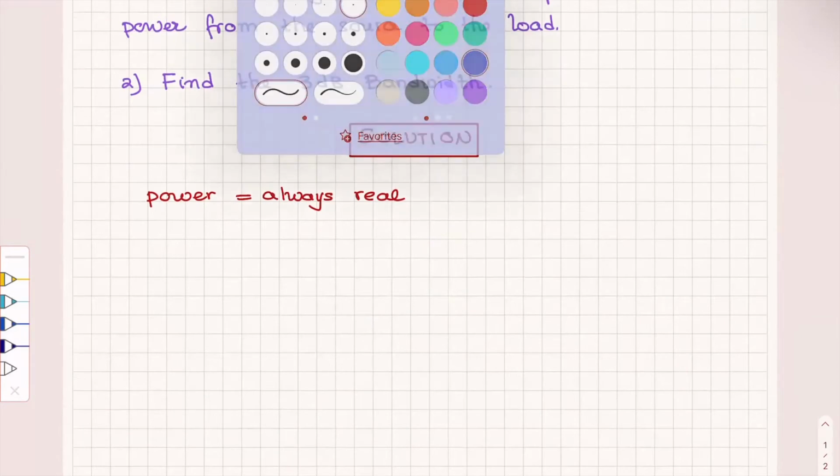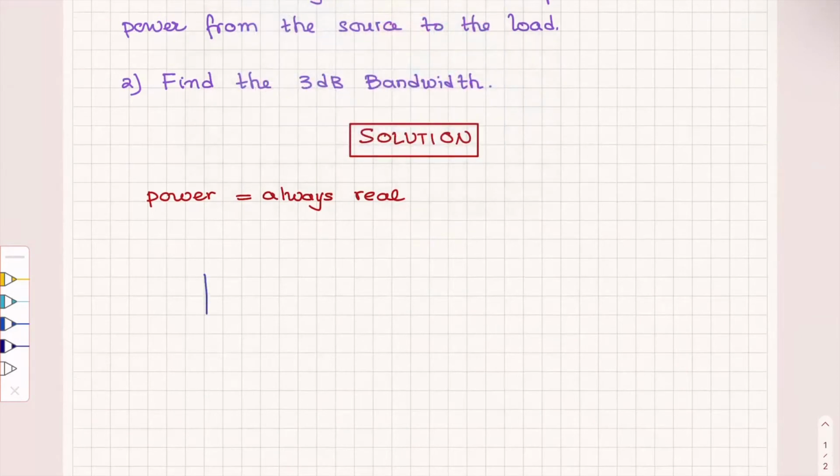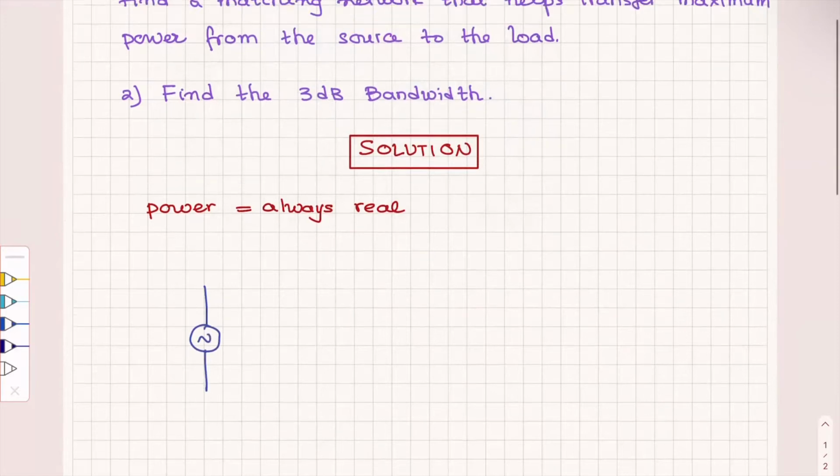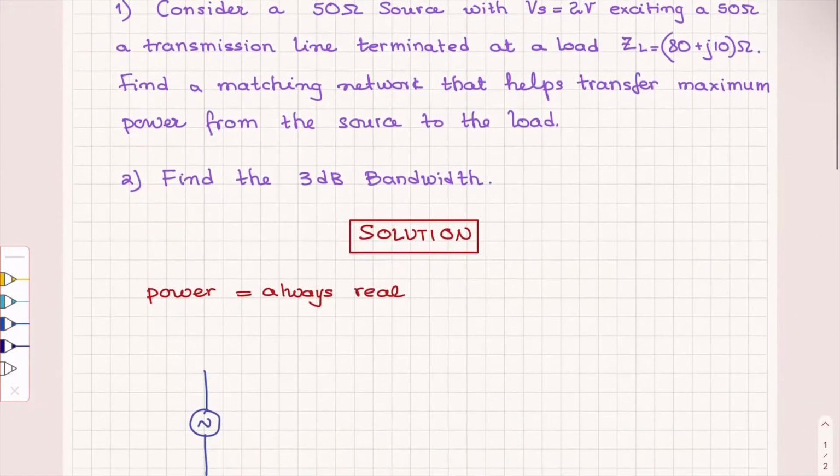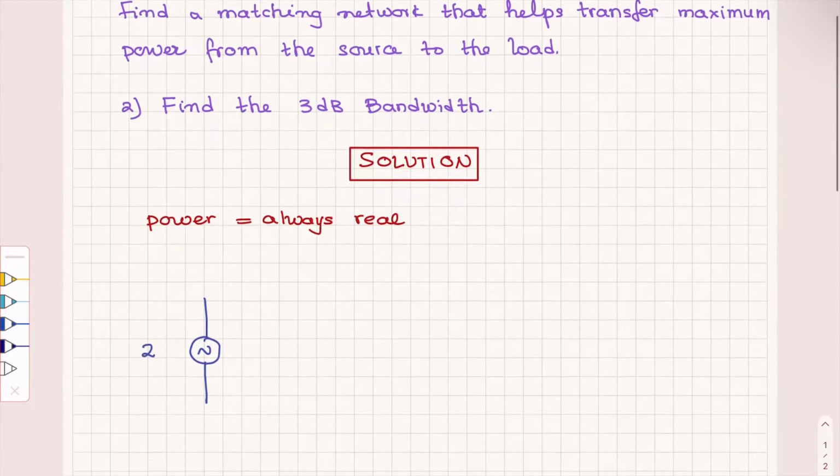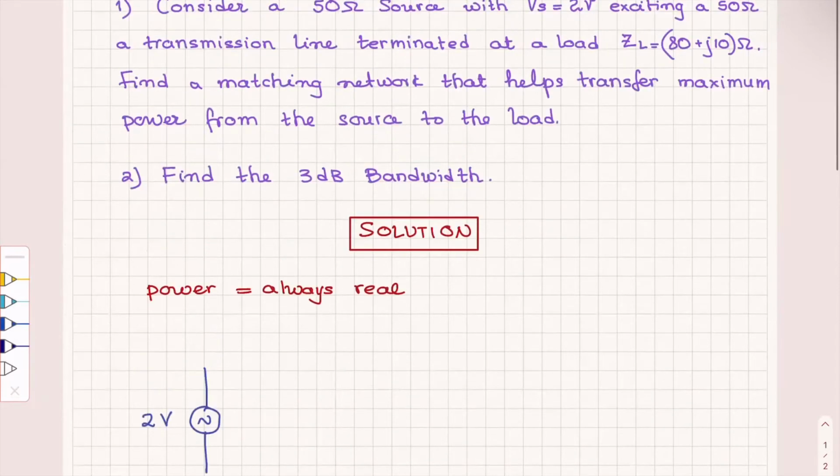Somebody tells me that I have a source. It's here. The source in the frequency domain gives me 2 volts, which means in the time domain it is going to be 2 times cosine omega t. Omega will be the frequency, but we are solving things in the frequency domain.